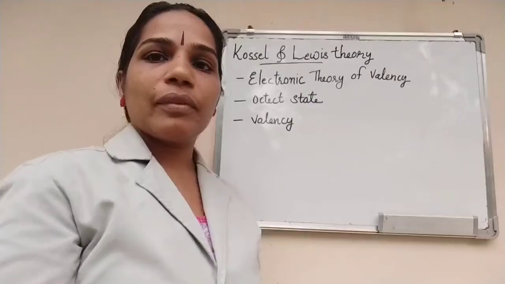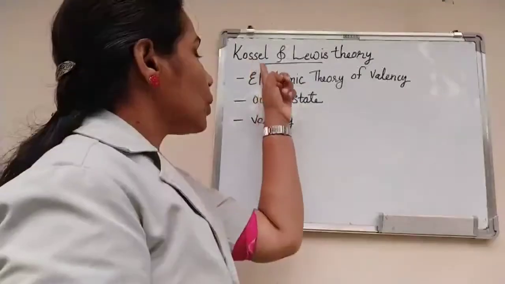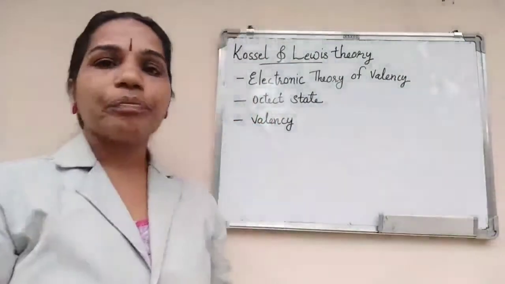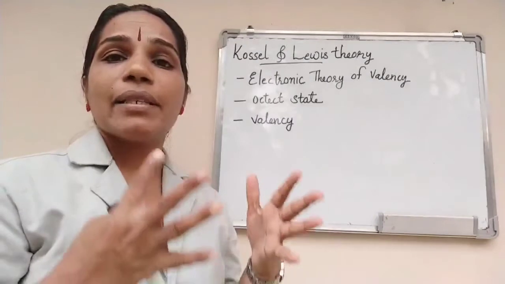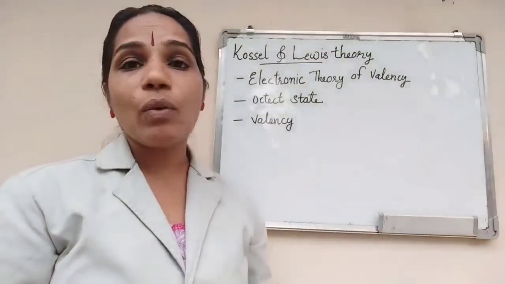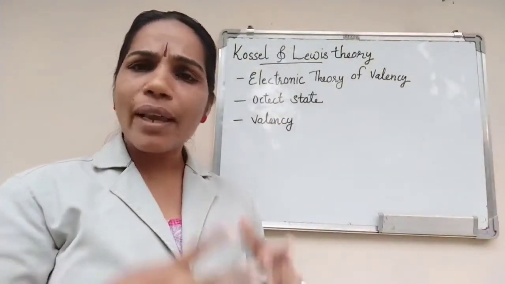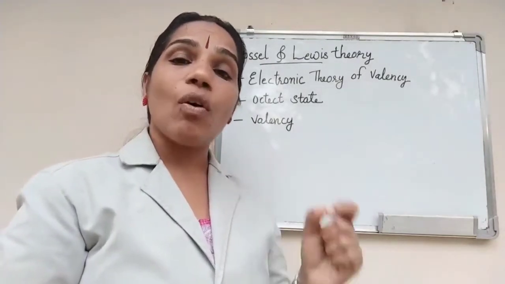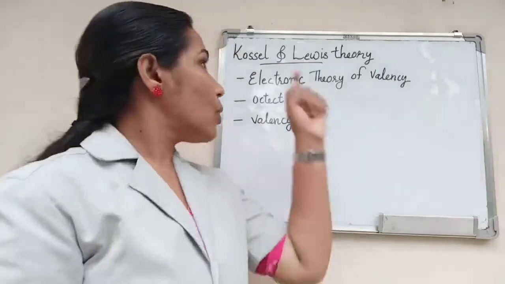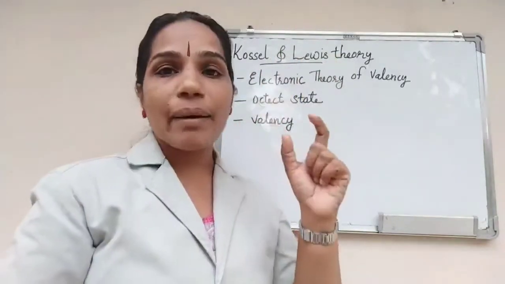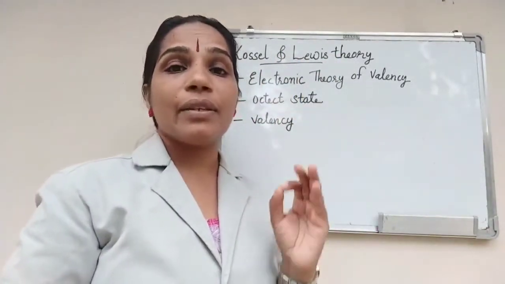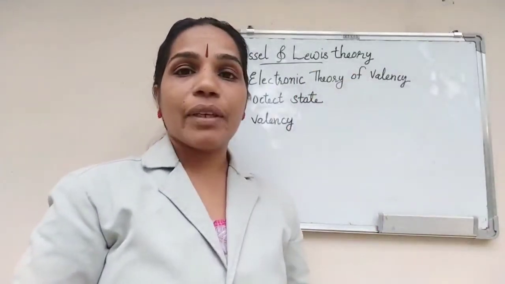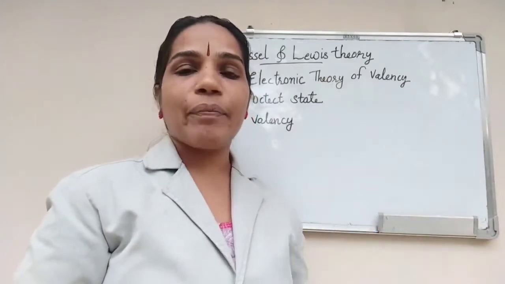Clear? Next topic is Kossel and Lewis theory. Why do the elements combine to form molecules or compounds? Why do the atoms combine? To explain the combination of atoms, Kossel and Lewis developed a theory. That theory is known as the electronic theory of valency.